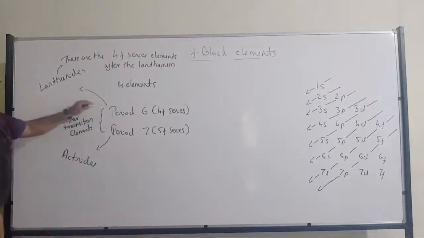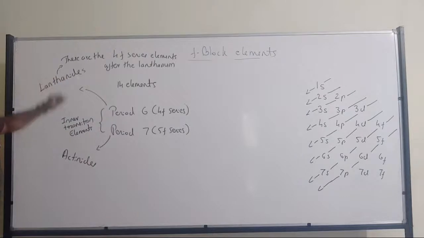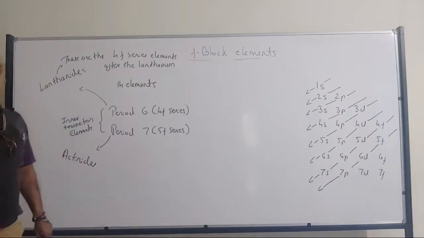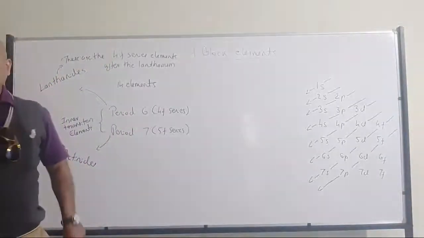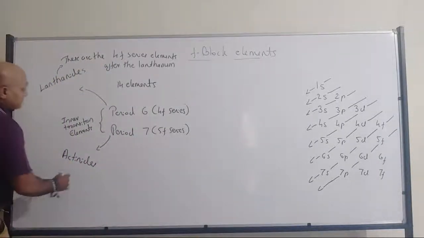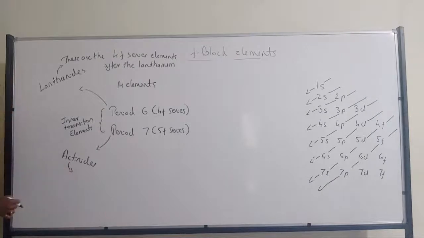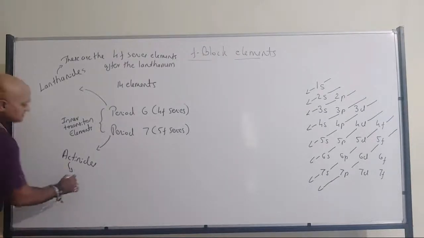Fine? So the 4F series are also called lanthanides. Why are they called lanthanides? Because they start after the lanthanum. Now the same logic is applicable for actinides. Why are they called actinides?